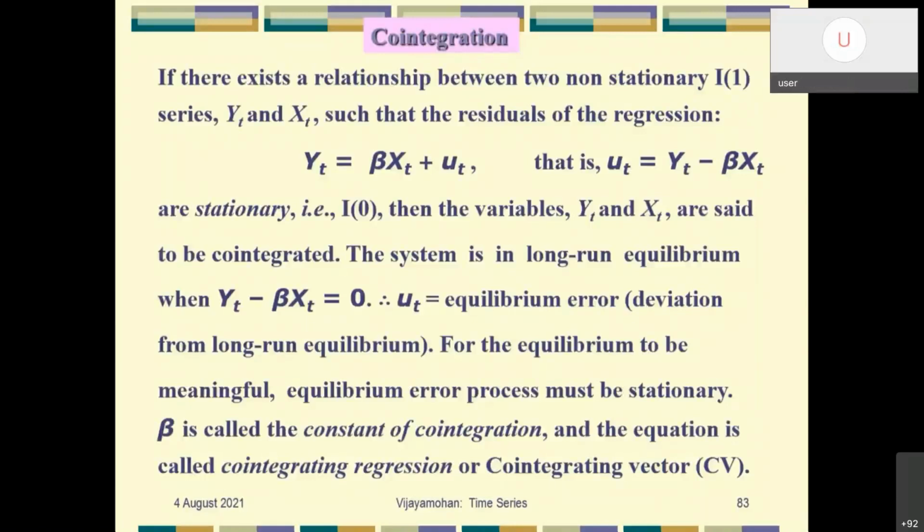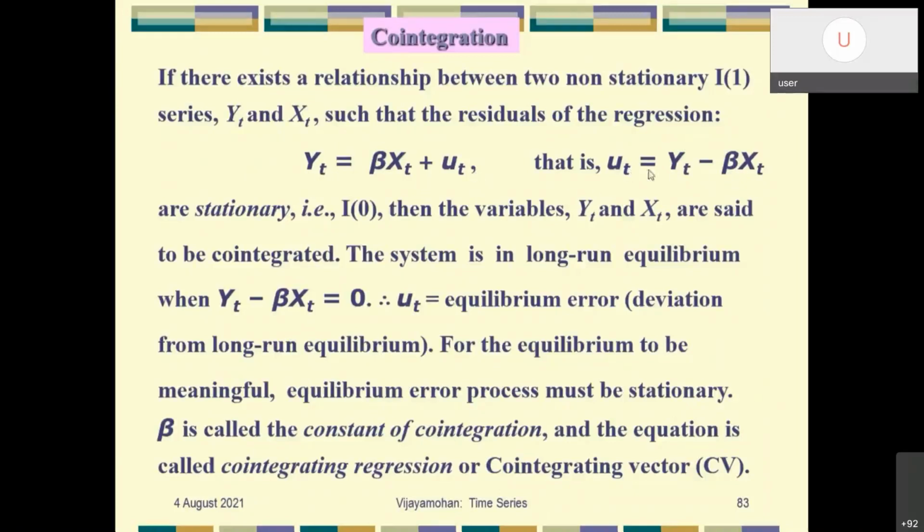So here I am telling that we have two non-stationary variables yt and xt, and if a linear combination of yt and xt is I(0), then there is cointegration between yt and xt. The linear combination we will get like this, that is ut equals yt minus beta xt. Okay, so in the framework of a regression, this means that first we regress yt on xt and get the residuals.